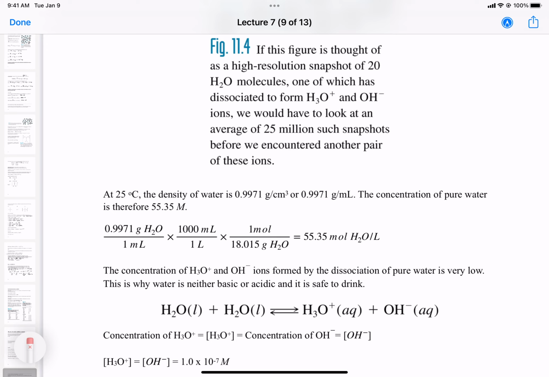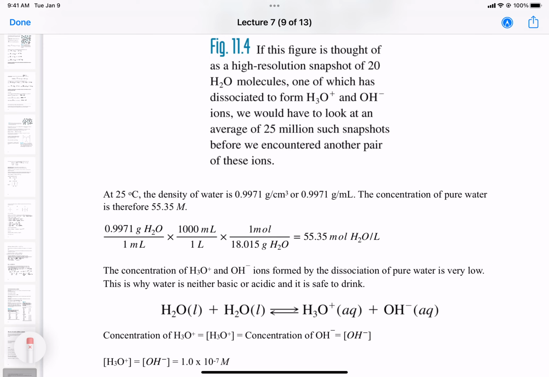That means the concentration of the hydroxide and H plus ions are very small, so it makes water safe to drink. Okay, so in this case, we could say water has the ability to auto-ionize itself. So one molecule will accept a hydrogen ion from another molecule, and that will form both H3O plus and OH minus.